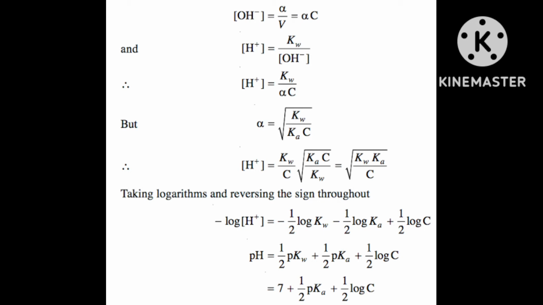And when pKb is more and pKa is less, then the difference will be negative, then the pH value will be less than 7.